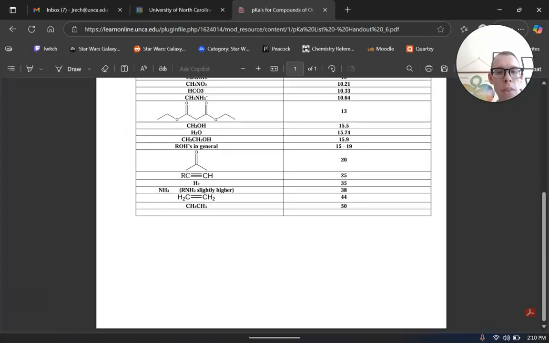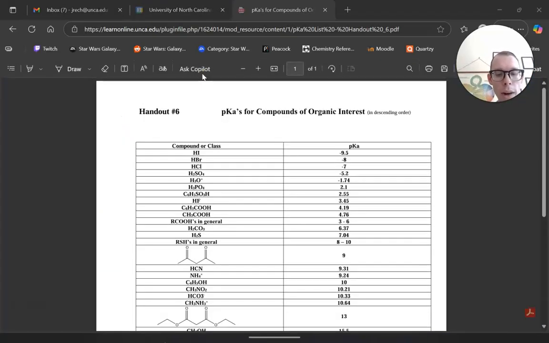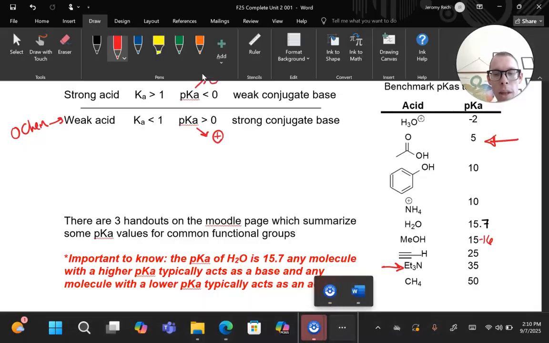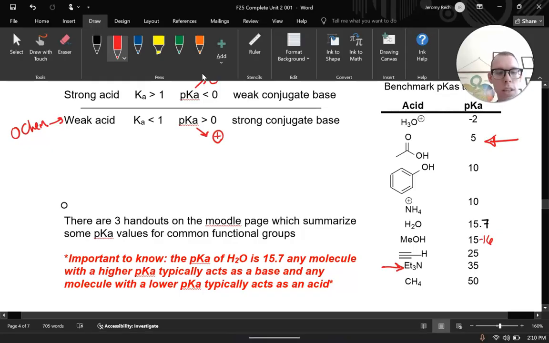With these, I don't actually want you to go through and memorize or know a bunch of these pKa values, because the focus of our next set of videos is going to be a little more comparative: if I look at two different structures, can I focus on the overall structure and some general trends, and predict relative strength and rank different molecules without having to look at a pKa value?